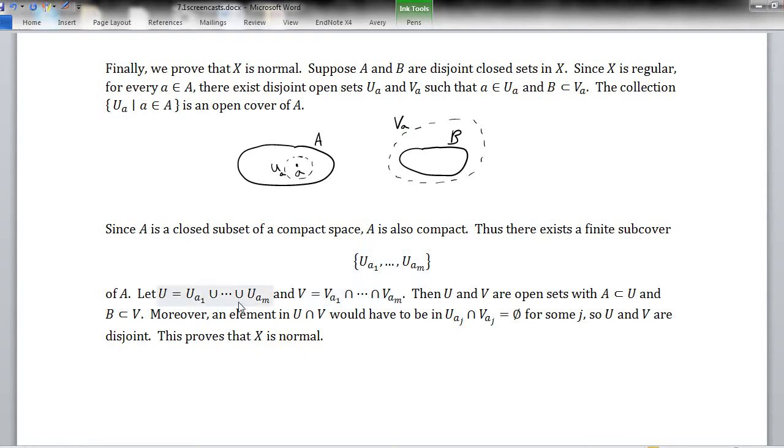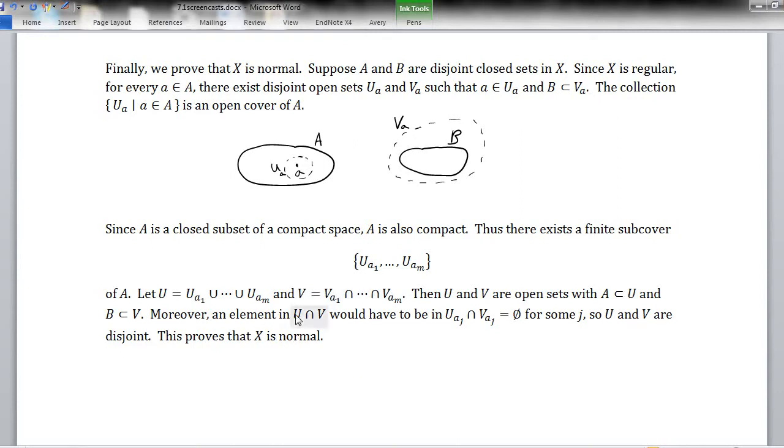A finite union and finite intersection of open sets means U and V are both open, and A is in U because these are a cover of A, and B is in V because B is in every single one of these sets, so it's in the intersection as well. And we want to show that U and V are disjoint.